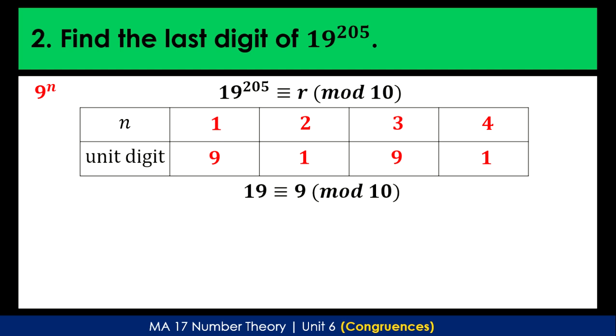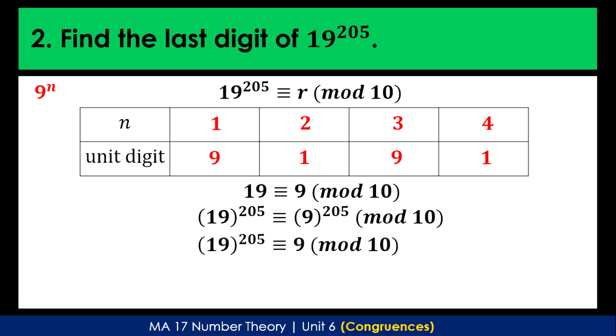So if we raise 9 to 205, by our observation, since it is an odd exponent, the last digit is 9. Therefore, the last digit of 19 raised to 205 is 9.